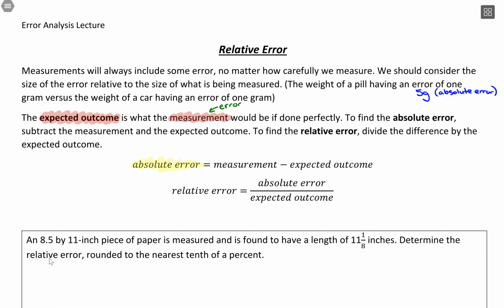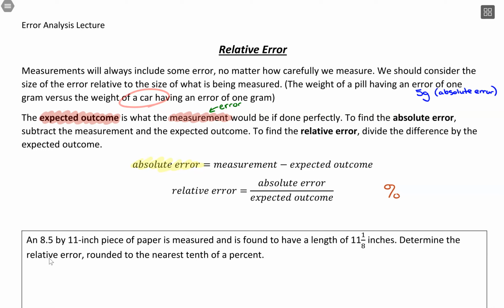And that's where relative error comes in. What we do is take that absolute error and divide by the expected outcome, and what we get is a percentage of error. Then we can see that if that 5 grams was with the weight of a pill, maybe that would be like 80% error or something extreme like that. It would be a lot of error.